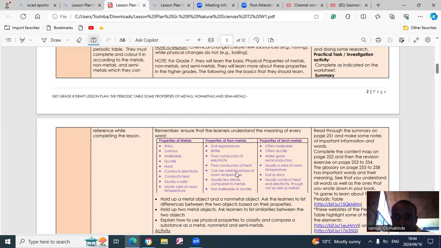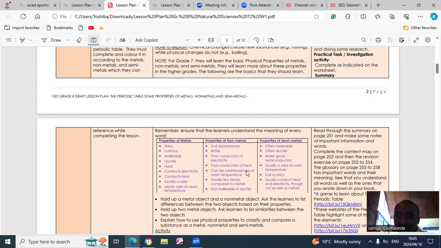A good example of a non-metal that is liquid at room temperature is, let me give a very good example. Bromine water, for example, is liquid at room temperature. Let me look for another very good example of a non-metal that is liquid at room temperature.